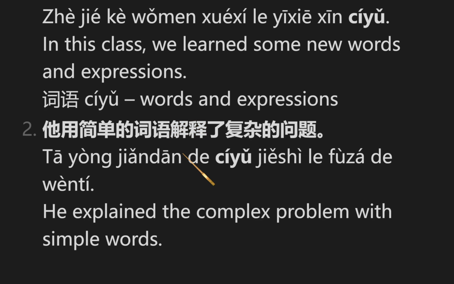For now it's a verb, so 解释了, explained, past simple. 解释了复杂的问题. 问题, problem, and 复杂的问题, complex problem. He used simple words, you can say expressions.